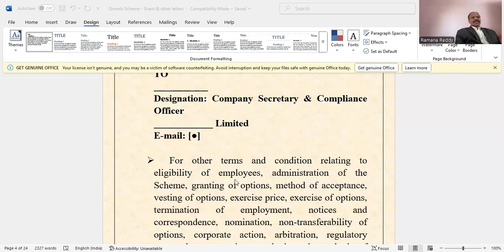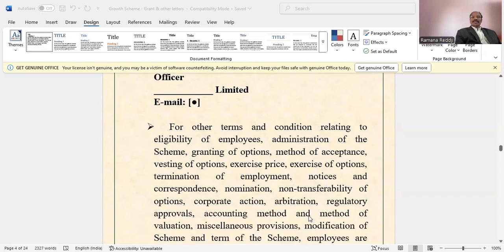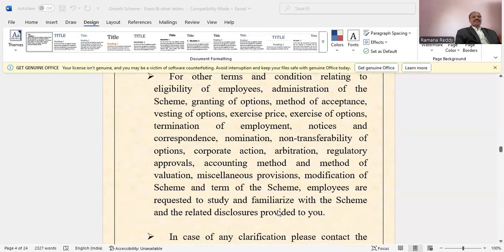These relate to eligibility, administration of the scheme, granting of options, method of acceptance, vesting of options, exercise price, exercise of options, notices and correspondence, nomination, transferability and non-transferability of options, corporate actions, arbitration, regulatory approvals, accounting method and method of valuation, miscellaneous provisions, modification of the scheme, and terms of the scheme. Employees are requested to study and familiarize themselves with the scheme and related disclosures provided to you.